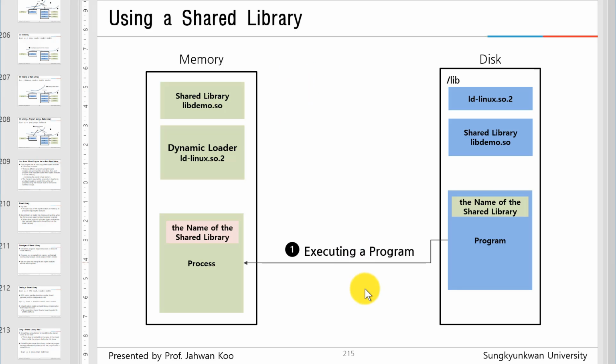Let's see the picture step by step. As you can see, the name of the shared library is embedded inside the program. This task is performed by the linking step. When we execute the program, it is loaded into memory and the program will be processed. At this point, that is, at runtime, the dynamic loader examines the list of shared libraries embedded inside the program.